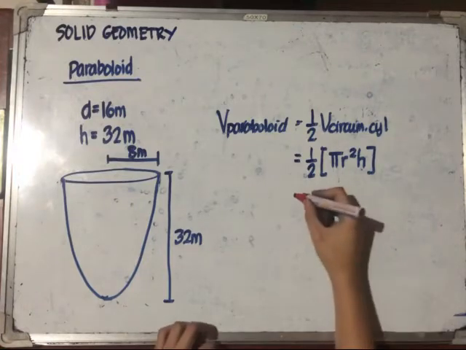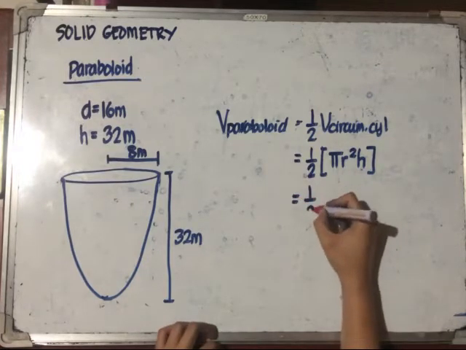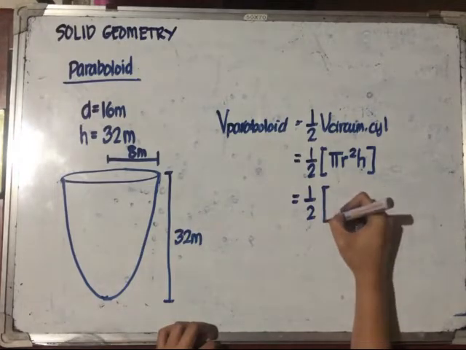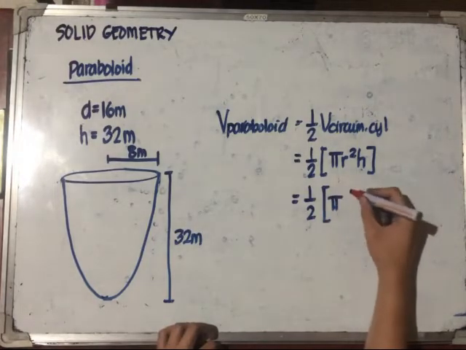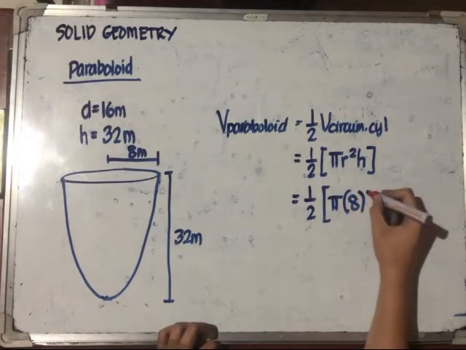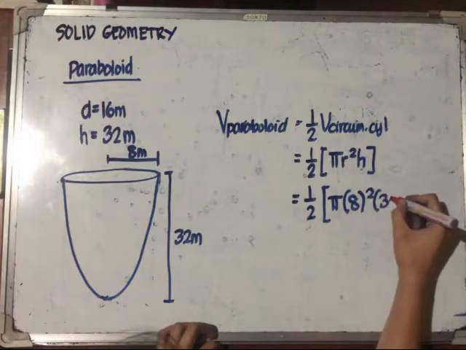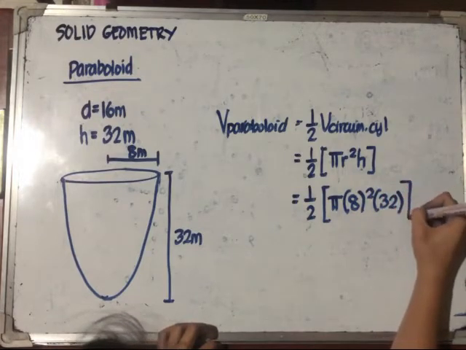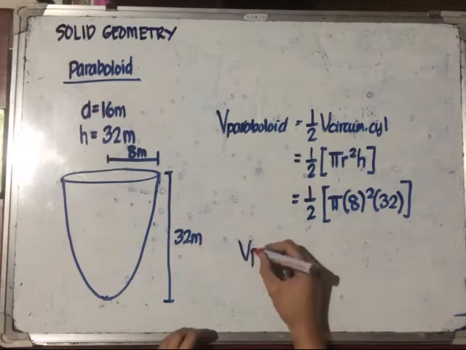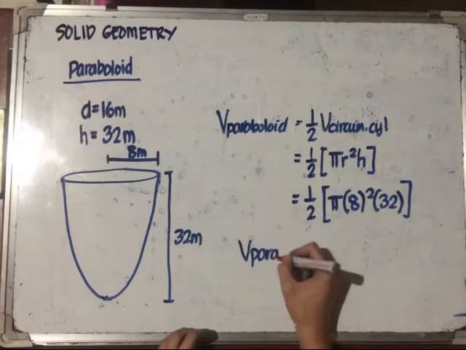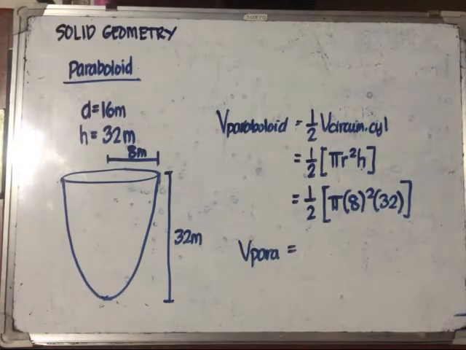And that's what we're going to find for this problem. We have 1/2 here, pi here, r is 8 squared, and we have 32. Volume of paraboloid. That would be how much? 8 squared times 32 divided by 2.